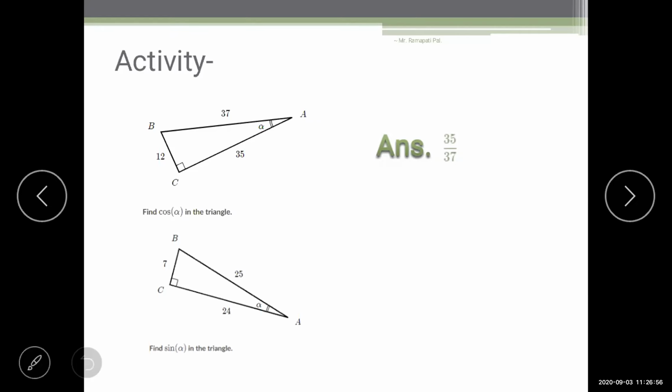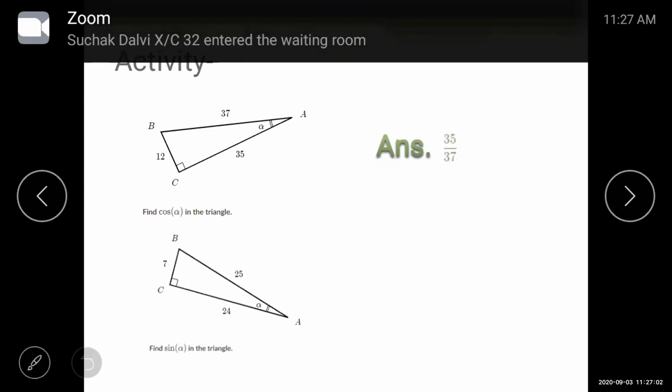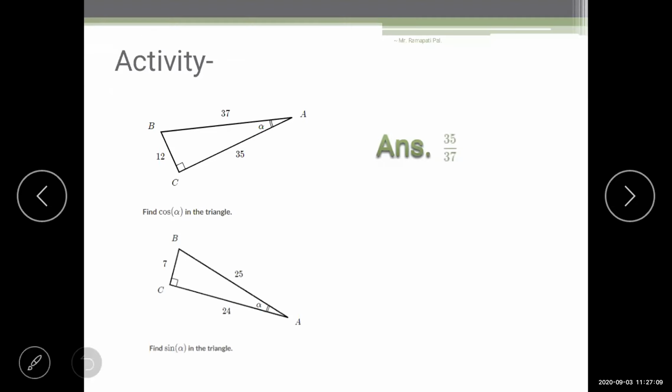Either you have not understood the formula or you are not taking interest. I want maximum students to take part in this activity so that I also know that you understood. Sine theta is opposite upon hypotenuse, and then you have to write the values. Correct? See the answer now.